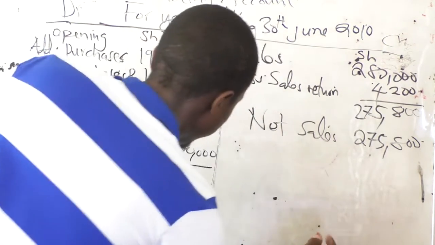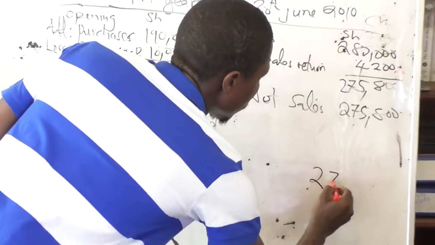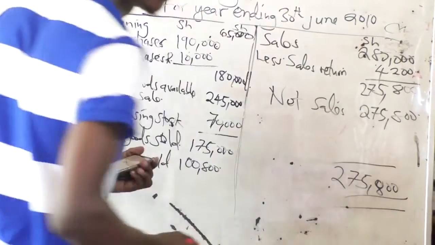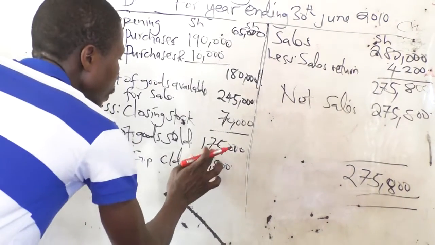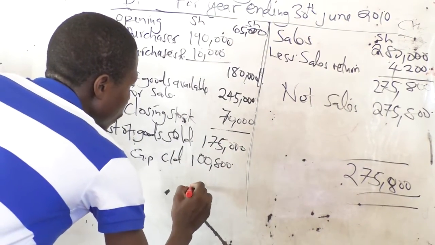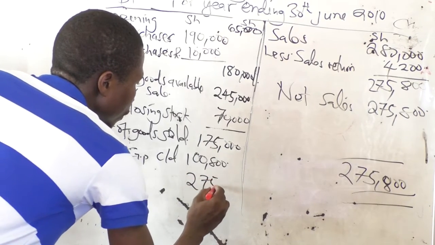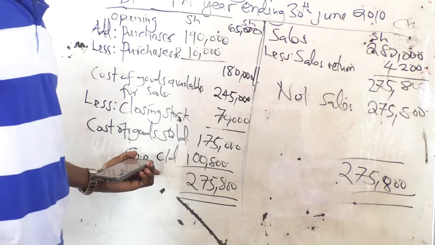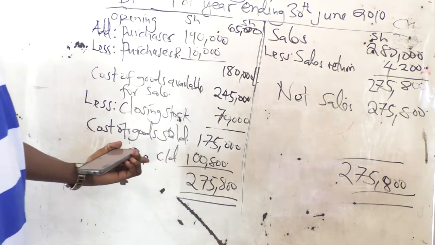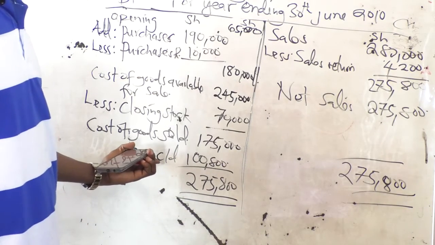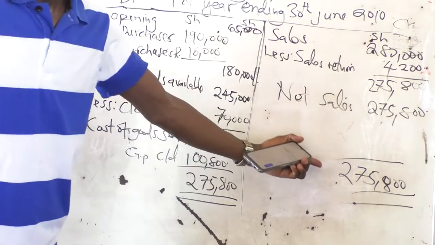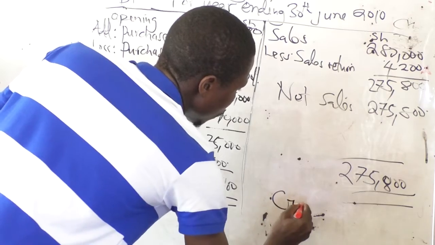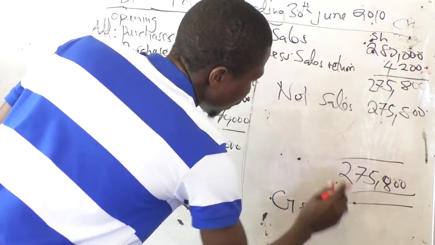So if we add this one plus this, we are going to have this one. So we're going to say 275,800 is the balancing figure there. Then if you add this plus this, we also have 275,800. But remember, this GP, which was a balance carried down, to make it balance with the highest figure here, is being brought here as GP. So GP, this is like balance brought down, GP.